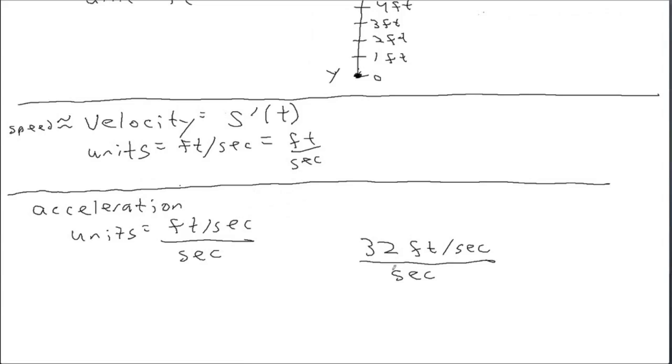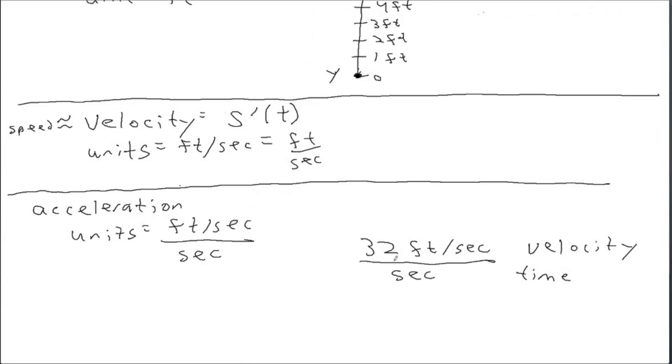We measure time in seconds. That's right. Now the units on the top are feet per second. What concept do we measure in feet per second? We measure velocity in feet per second. So basically then the acceleration is going to tell us the rate at which the velocity is changing. Remember that the velocity was the rate at which the position was changing. Well, the acceleration is the rate at which the velocity is changing.